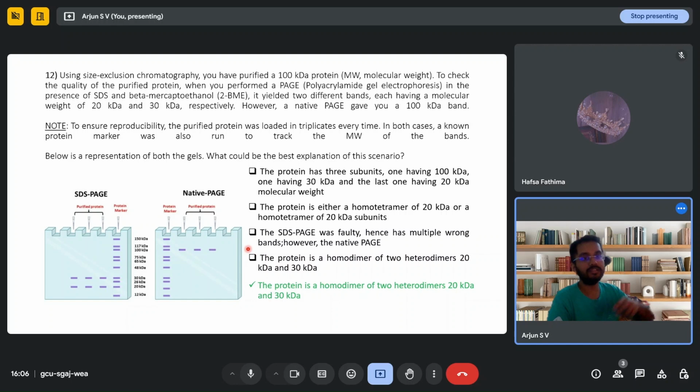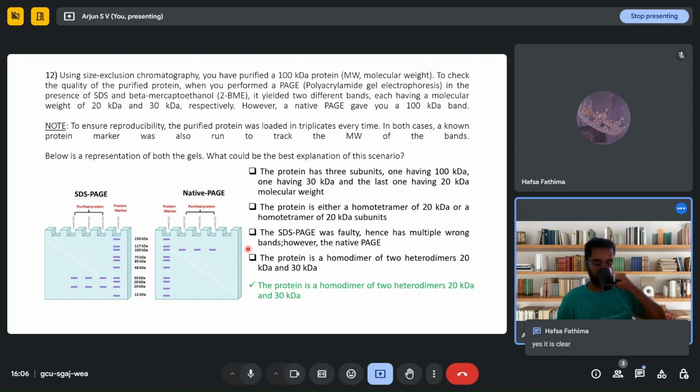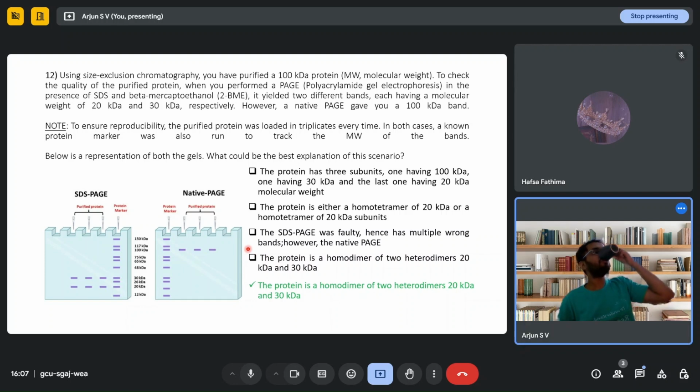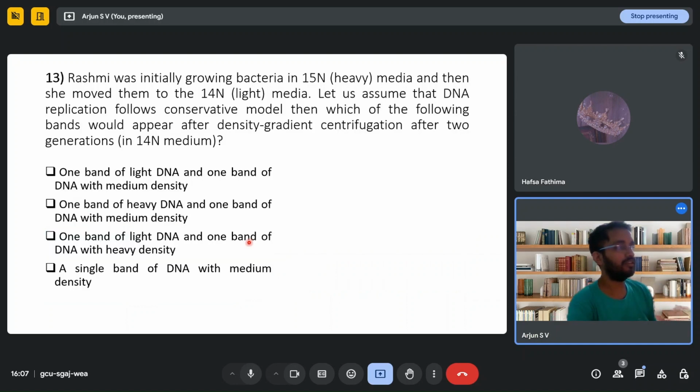Is this answer clear? So I'll go on to the next question then.